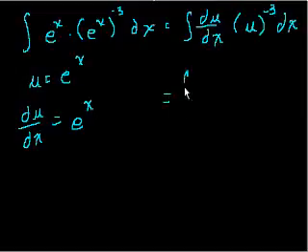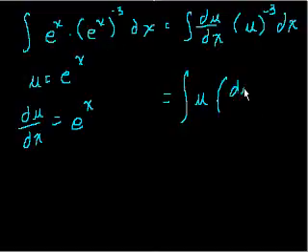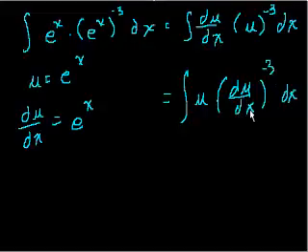Why didn't I say that this one is u, and that this one is du dx to the -3 dx? Well, as you can see, this would have been useless, because then I can't multiply it times the dx, and it gets all confusing.